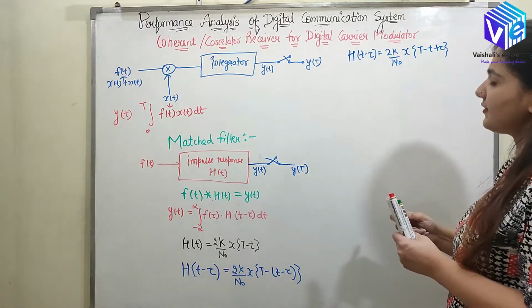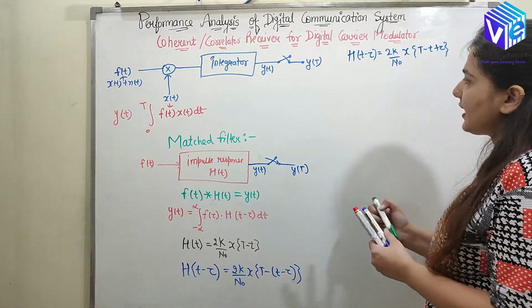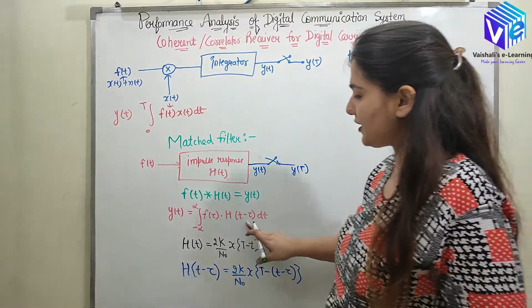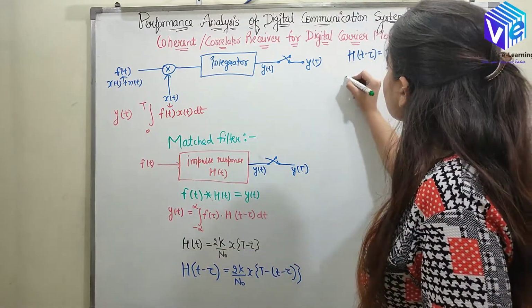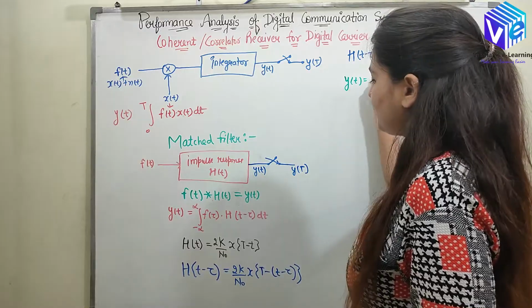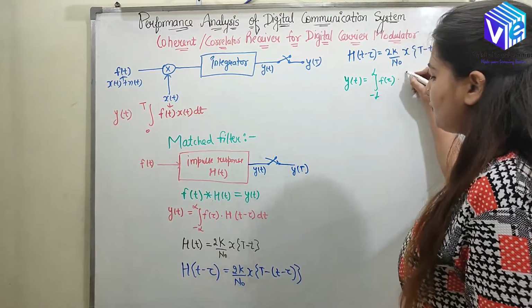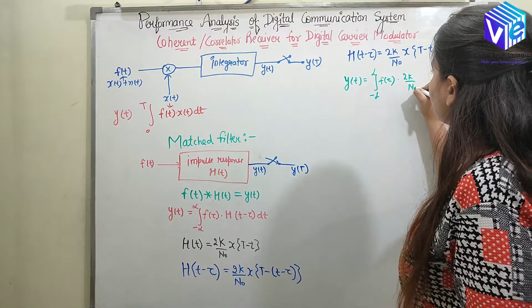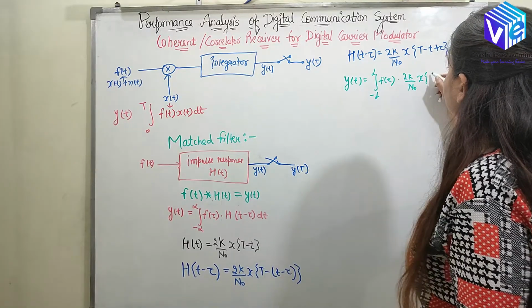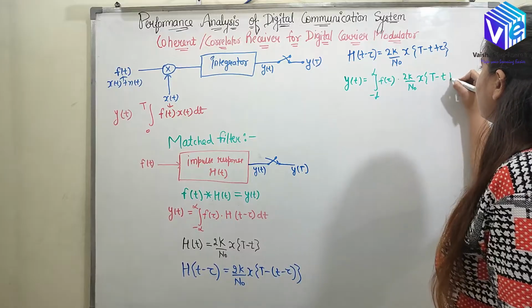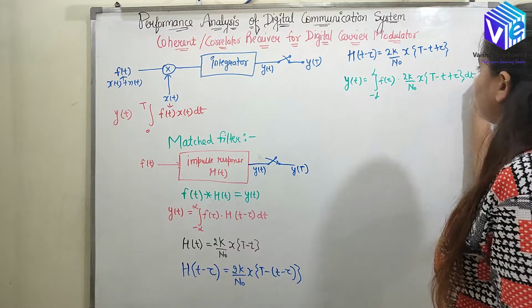I hope you are agreeing with me. Now we need to put this h(t minus tau) value here. So y(t) would be equal to the integral from minus infinity to infinity of f(tau) into 2k by N0 x(T minus t plus tau) d tau.